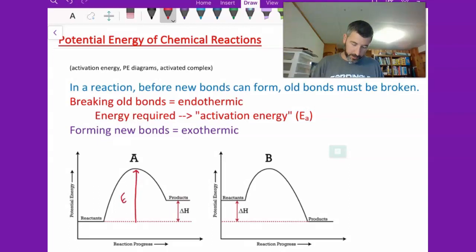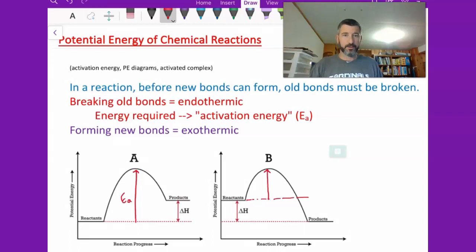So that would be your E sub A, activation energy. And of course, it would be a lot smaller for this second reaction because it would just be from here to here. So for endothermic reactions, activation energy tends to be very high. It's possible for activation energy to be very high for exothermic reactions too, or very low.